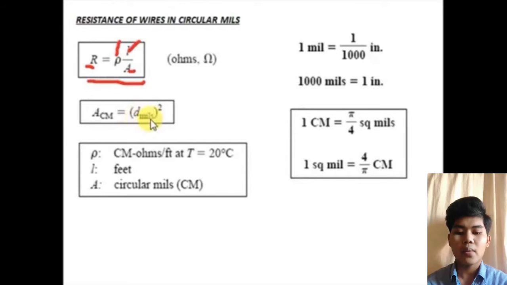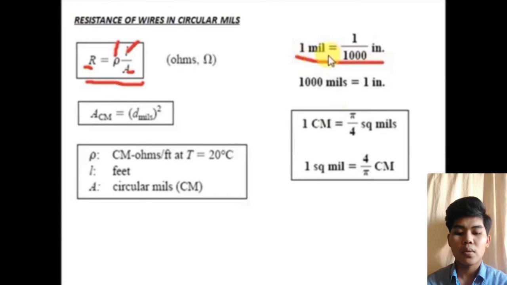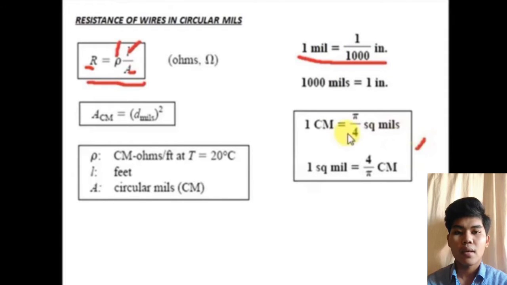Ibig sabihin ng 1 mil is 1/1,000 of 1 inch. 1 mil is equal to 1 over 1,000 inch. Ito pa yung isang conversion dito. 1 circular mil is equal to pi over 4 square mils. 1 square mil is equals to 4 over pi circular mils.